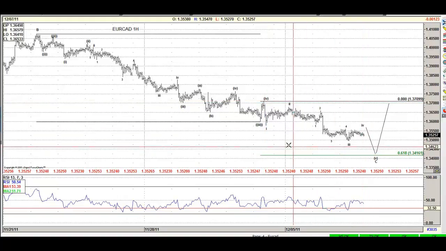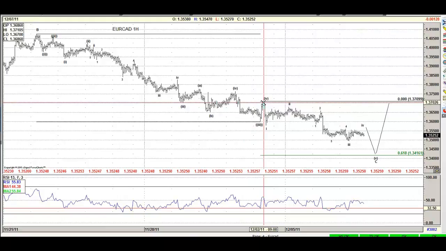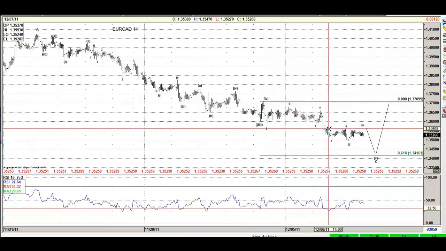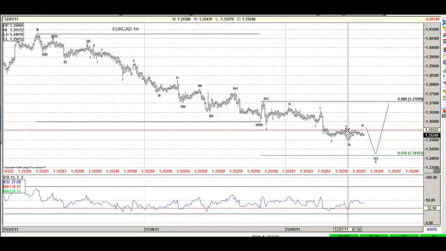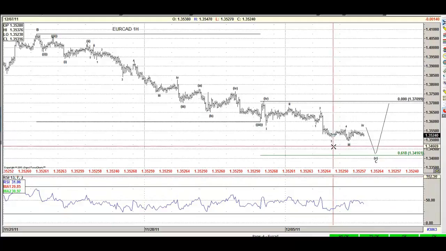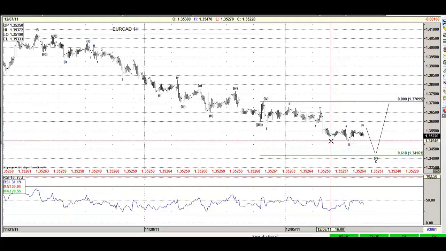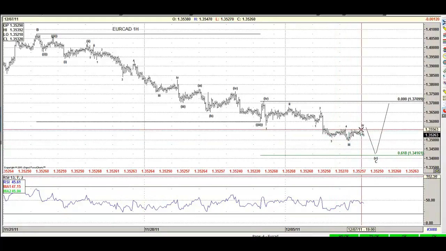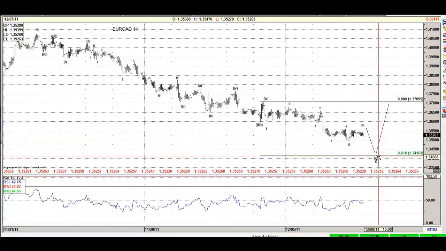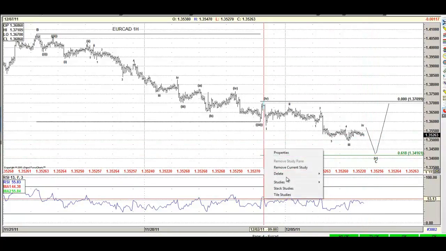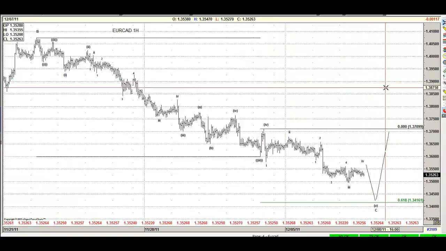If you take a look at the RSI from here, the lowest read I believe is right here, 26.83. Right here it reads 27. So this was wave 3 of 5, and then I think that this pair is looking for 134.16 at this stage before bouncing higher.